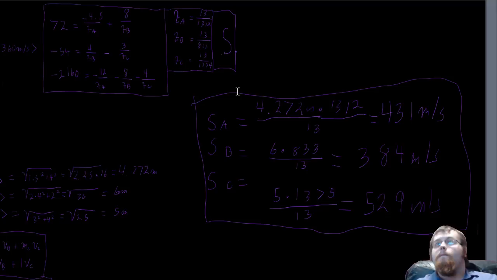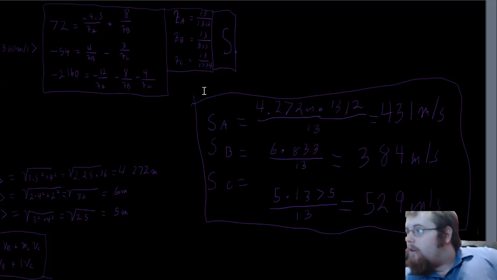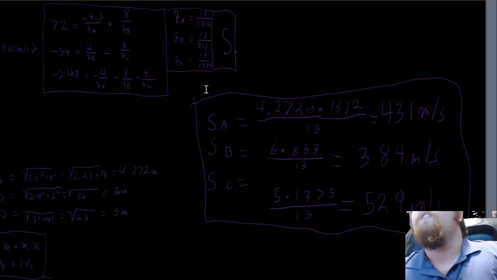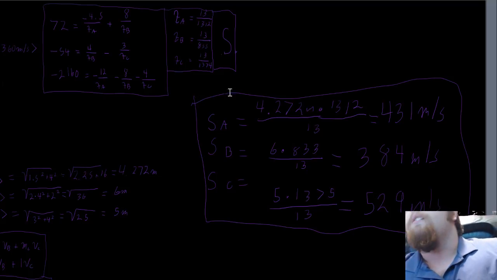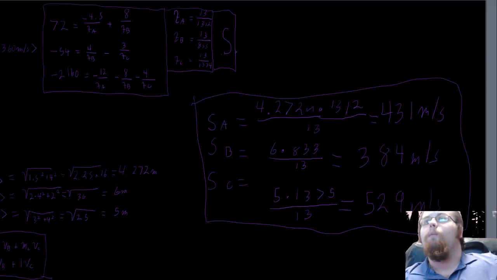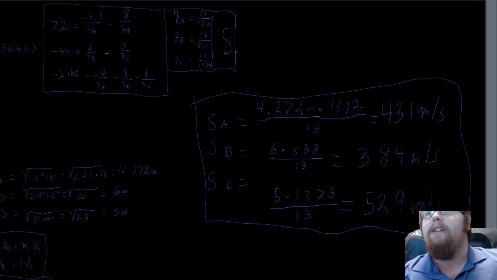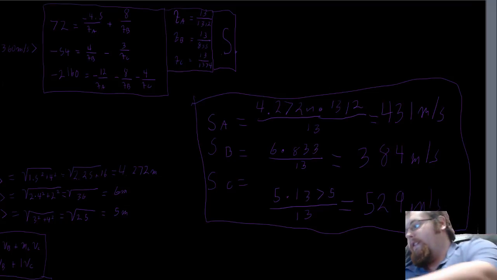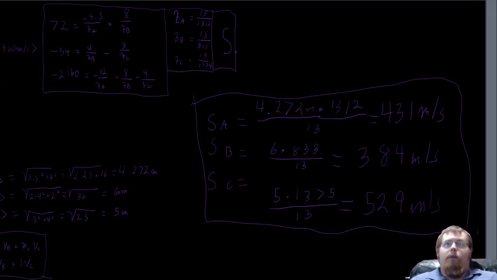And so their B and my B are off by a grand total of 11. And then their C and my C are off by a total of 1. So I'm going to go back through and see where I think I messed up.